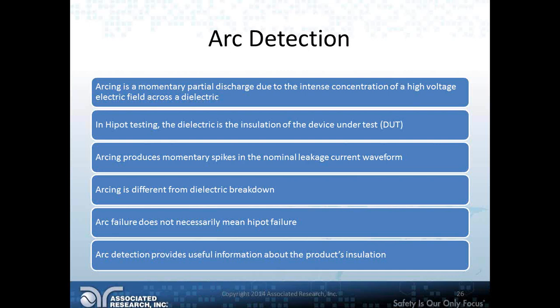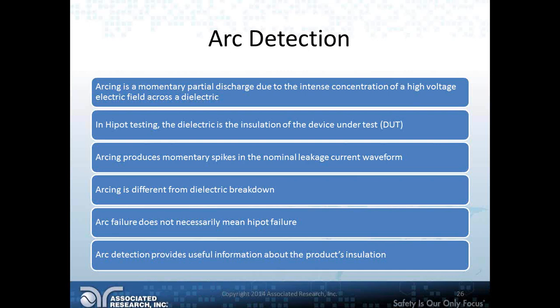Many times arcing conditions can be seen as a luminous discharge caused by the ionization of air molecules, also called corona. High impedance arcing is a temporary condition, and it is not necessarily considered a sign of dielectric breakdown.